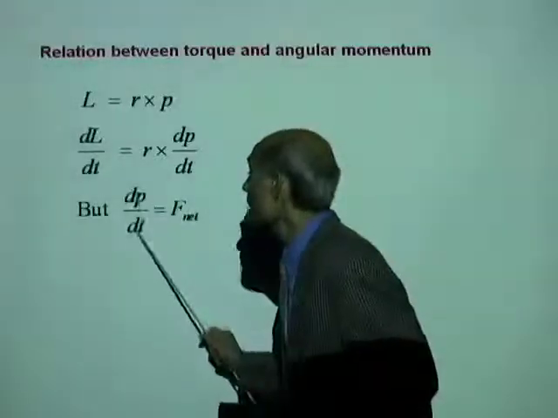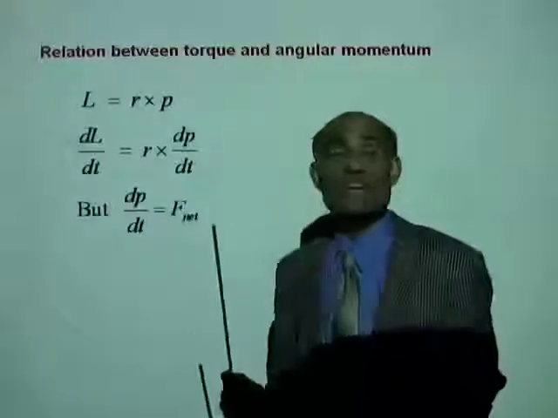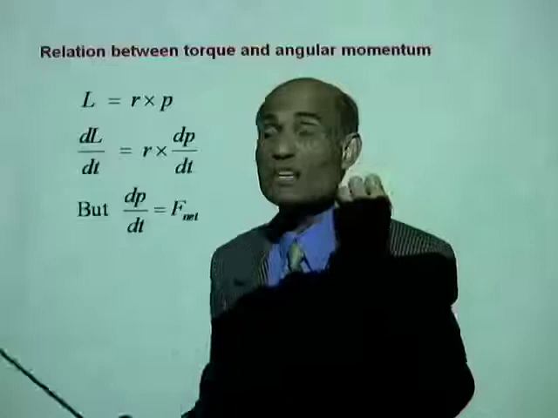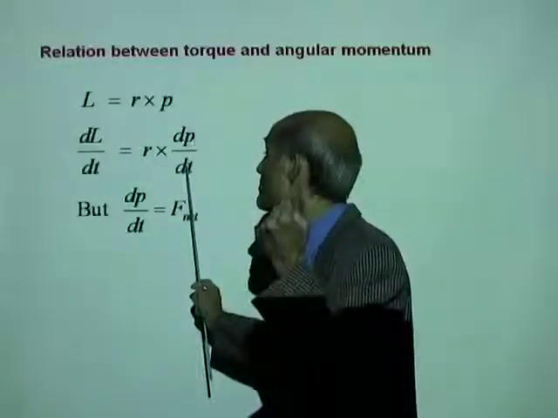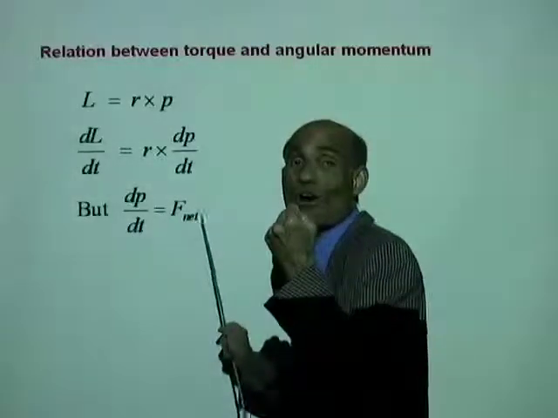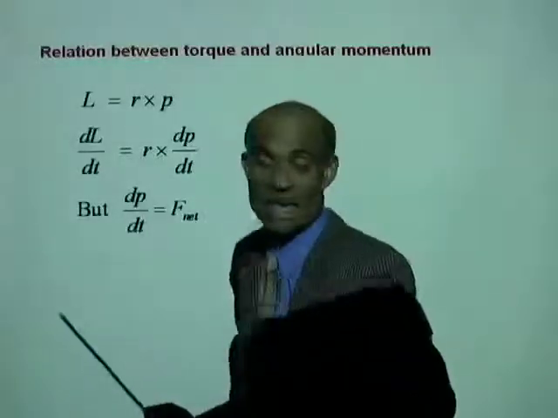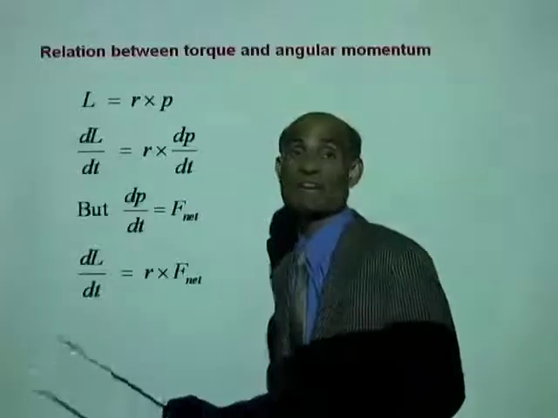But dP by dt is the net force. That's the one I just asked you. The rate of change of linear momentum is a measure of the force. So dP by dt can be replaced as F net.